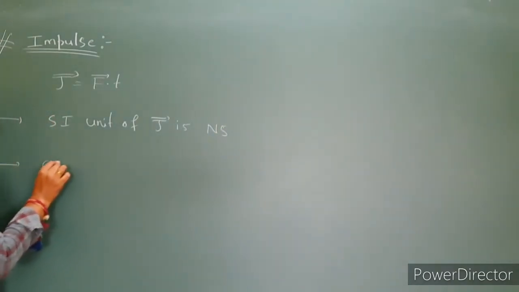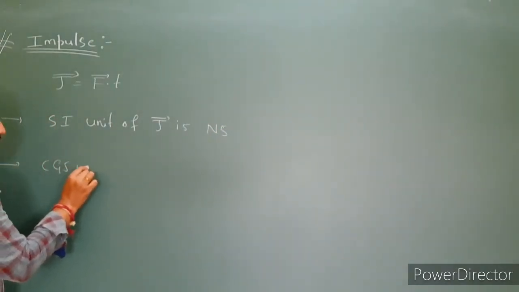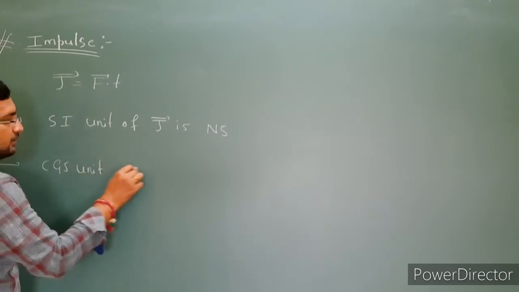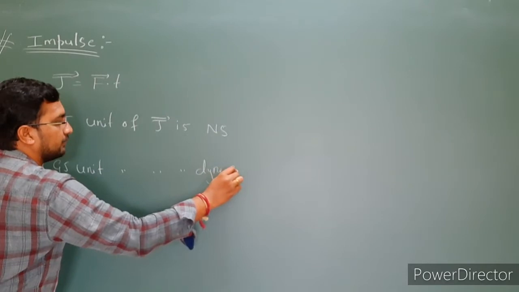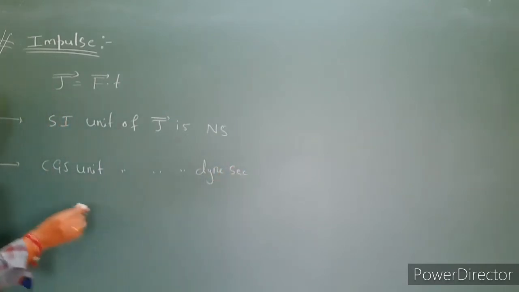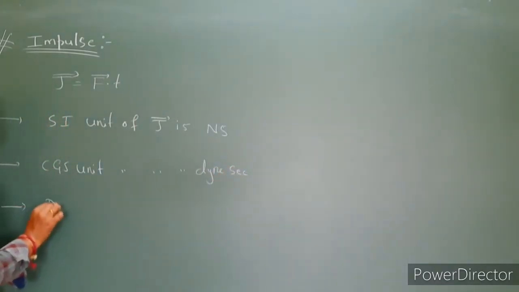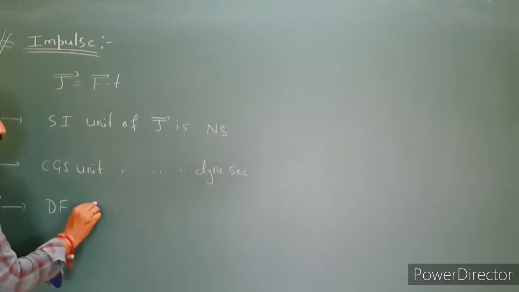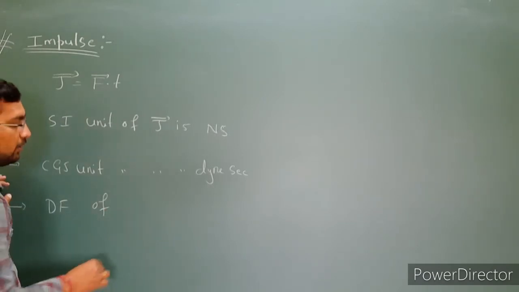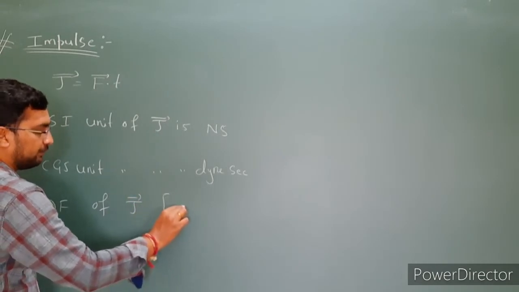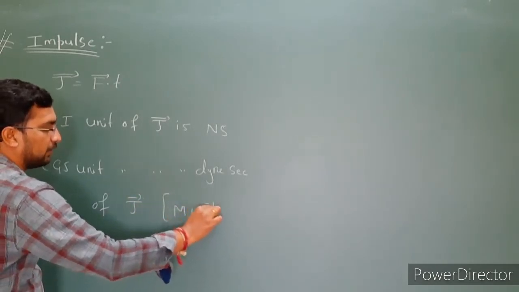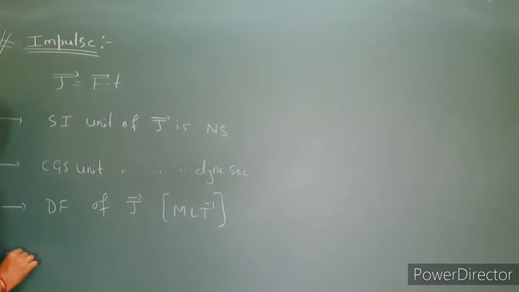The CGS unit of impulse is dyne second. The dimension formula of impulse is M L T to the power minus 1.